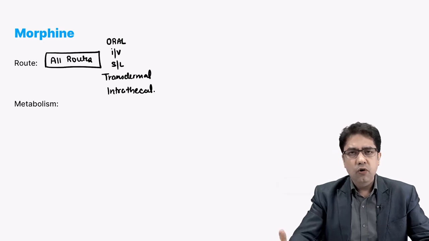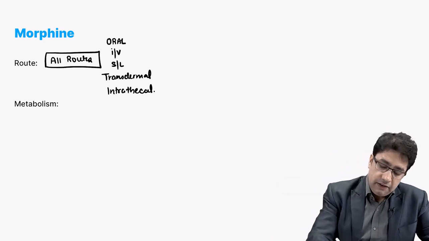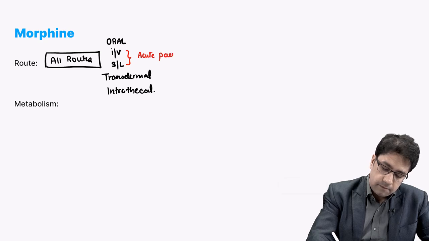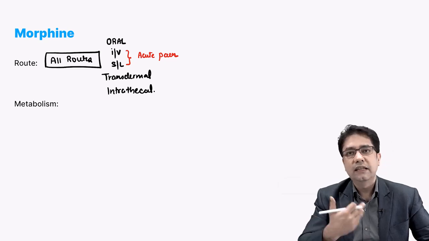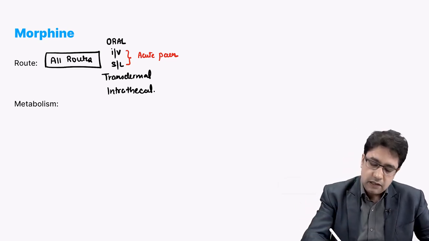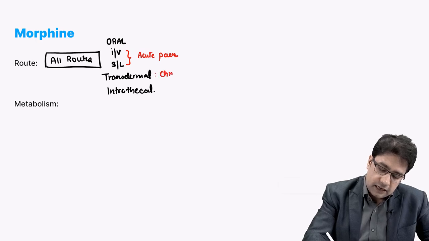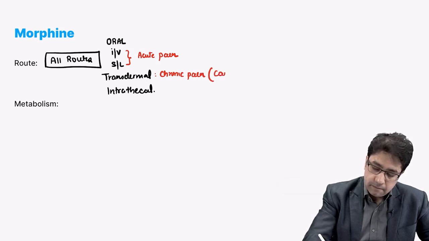Now the point is, oral morphine, IV and sublingual morphine are given for acute pain, to relieve acute pain. While transdermal patches which are applied on the skin, can we say they deliver a drug continuously? So transdermal patches are given for chronic pain, like cancer pain.